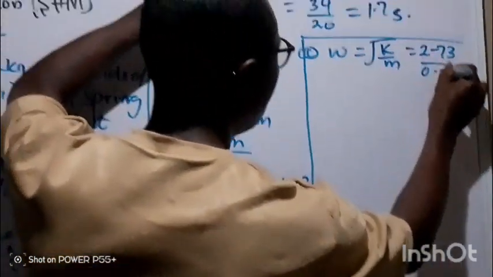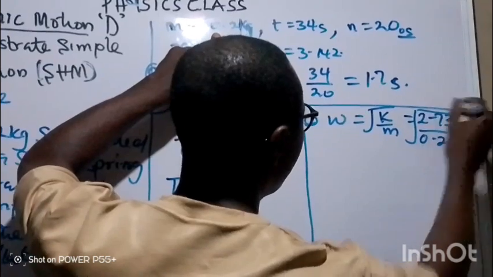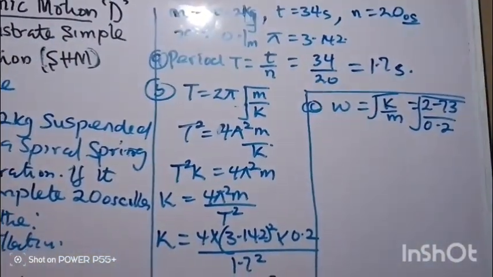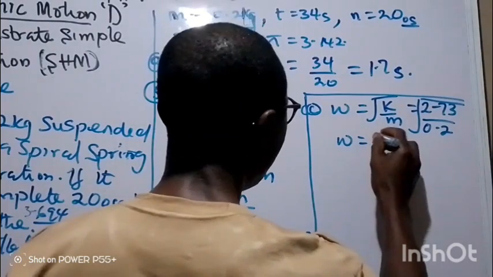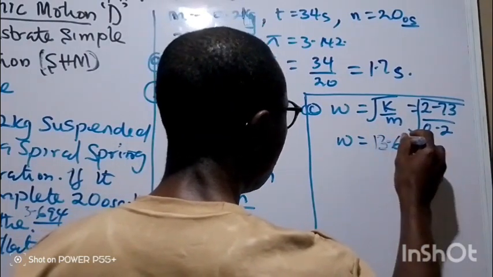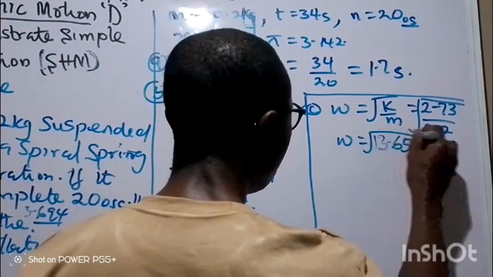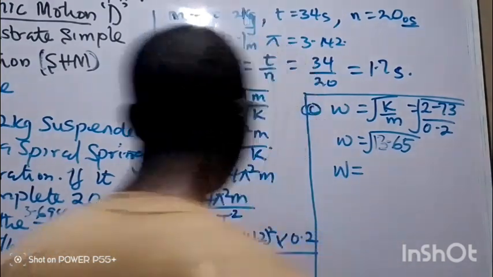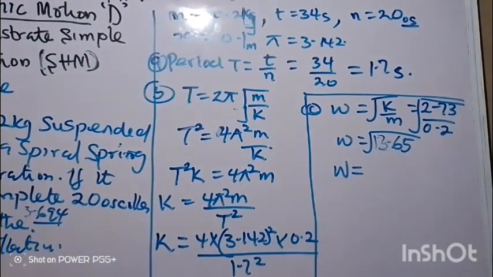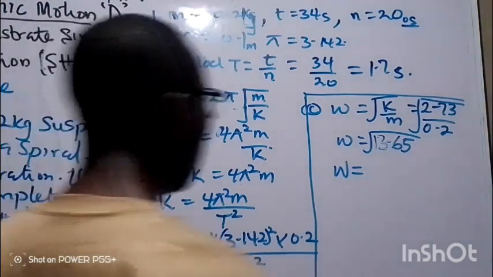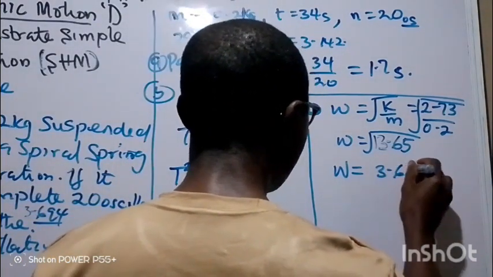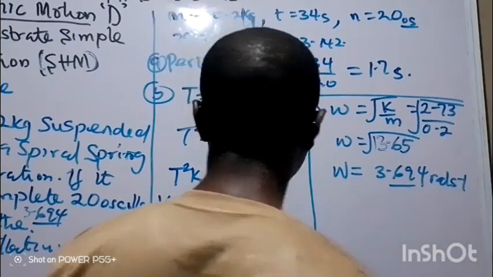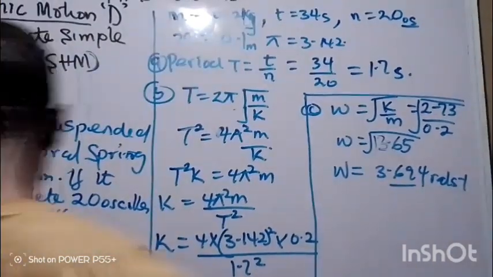So square root of 2.73 divided by 0.2. That will be 13.65, square root of 13.65. The angular velocity, as we said from the question, will be equal to 3.694 rad per second.